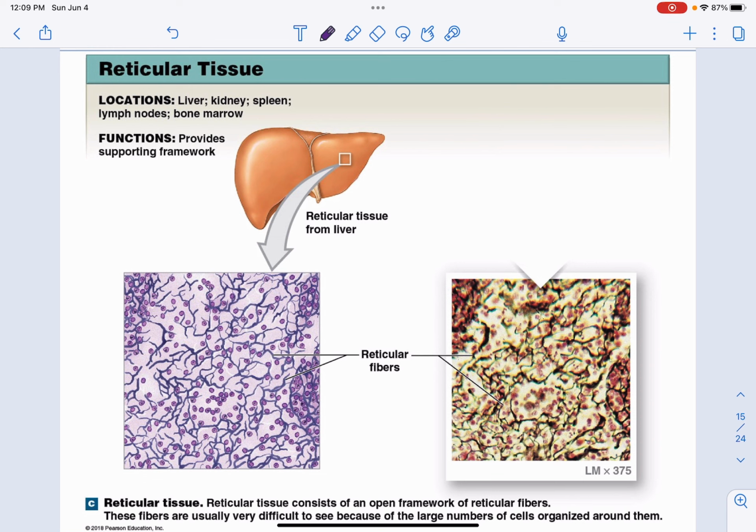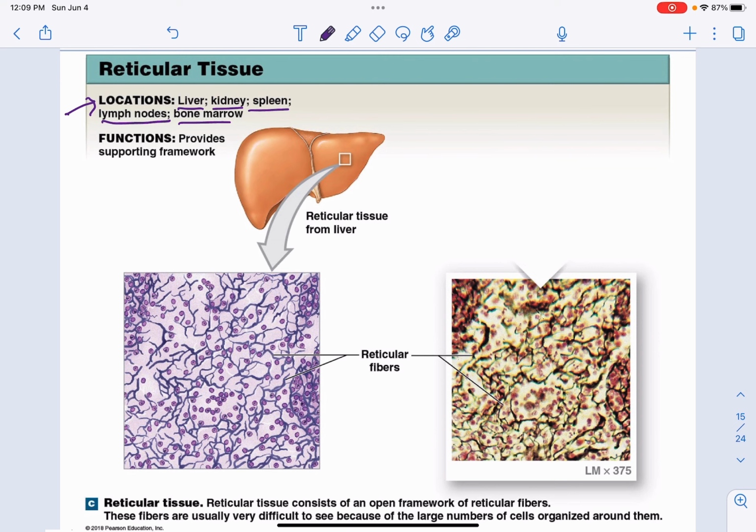Some of the locations are listed here. You can find reticular tissue in the liver, the kidney, the spleen, the lymph nodes, and also bone marrow.